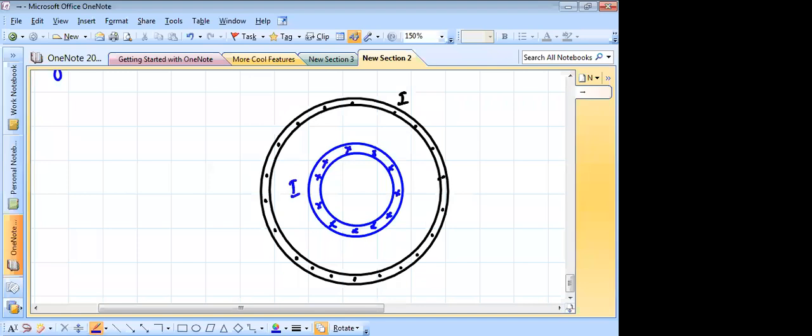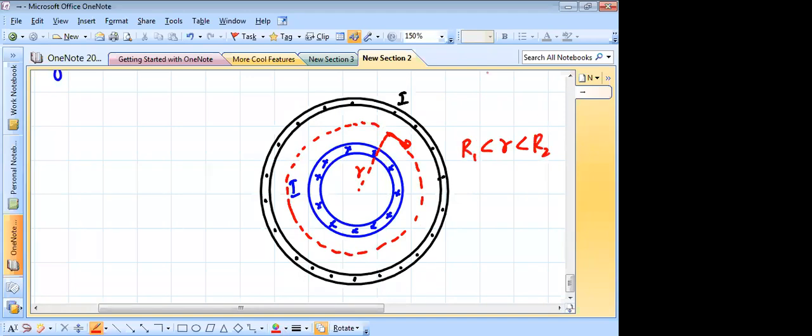So now, if you draw an Amperian loop like this over here, in this region, and we take B dot dl in the clockwise sense, radius r. So for this loop, r is between the inner one's radius and the outer one's radius. So for this loop, what will happen?